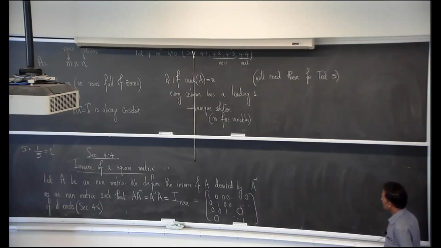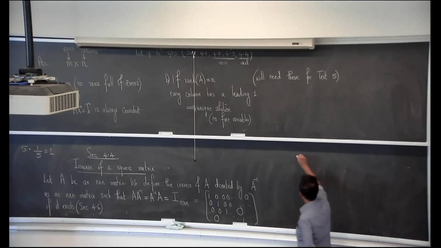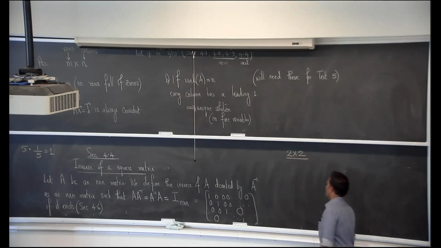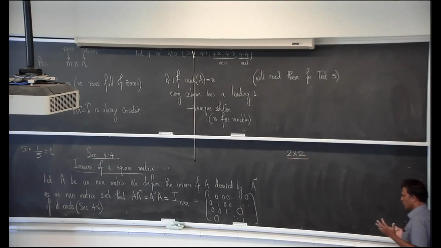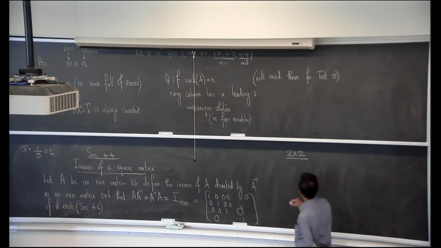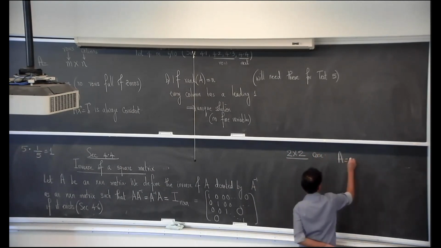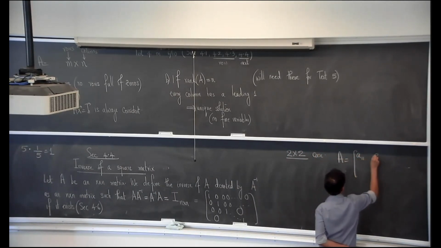To find the inverse of a matrix, we're going to do two cases, a 2 by 2 and a 3 by 3, which is probably the biggest you want to do by hand. After that, you want to make use of MATLAB or something. 2 by 2 case: A equals A11, A12, A21, A22.